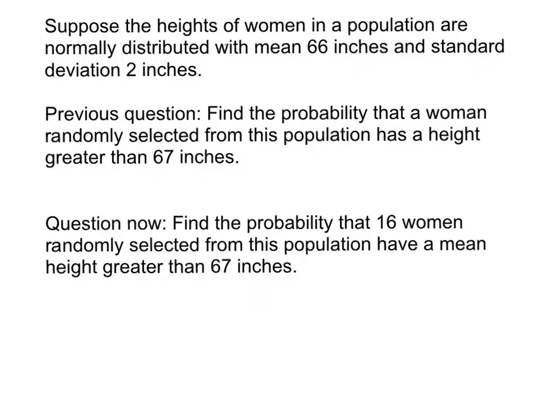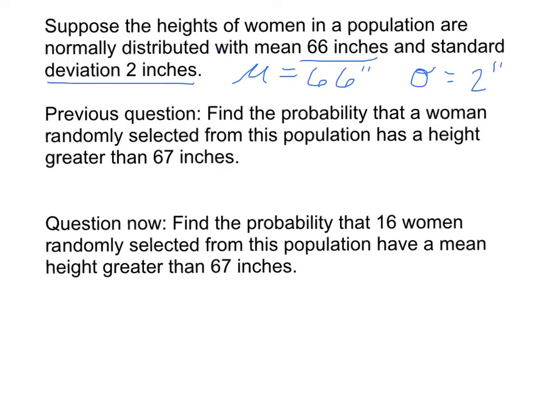So suppose that the heights of women in a population are normally distributed with a mean of 66 inches and standard deviation of 2 inches. We've seen this setup before, and they're giving us that the mean of the population is 66 inches and the standard deviation is 2 inches, with a normal distribution.